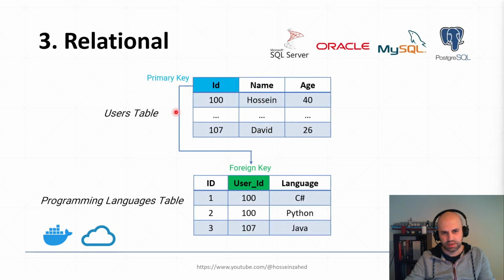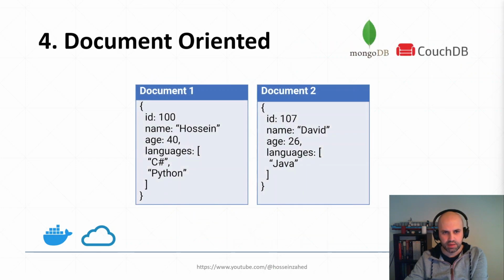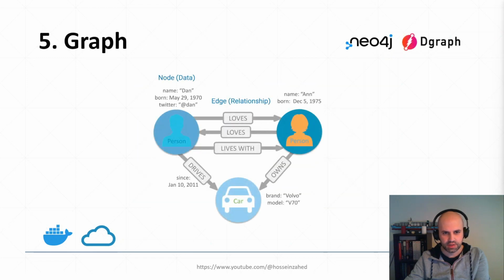In the relational databases, relationships are just pointers. Here we are pointing the ID inside the users table to foreign key user ID in the programming languages table. What if this relationship holds data as well? So this is the main idea behind the graph databases.